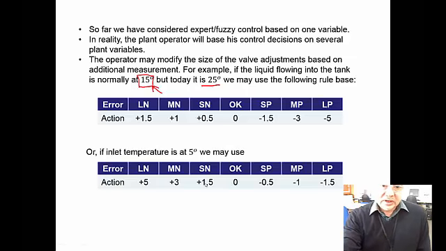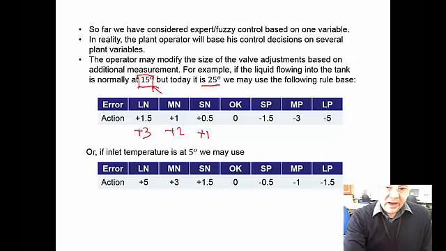Compare this with the original case when we assumed 15, here with +1, +2, +3. Now, when the inlet temperature is a bit higher, we need less steam. When it's a bit lower than 15, we add more steam.